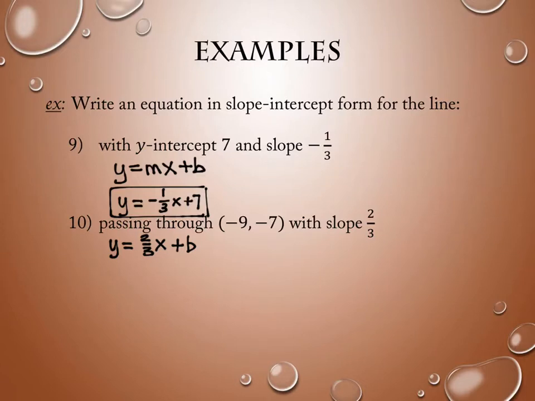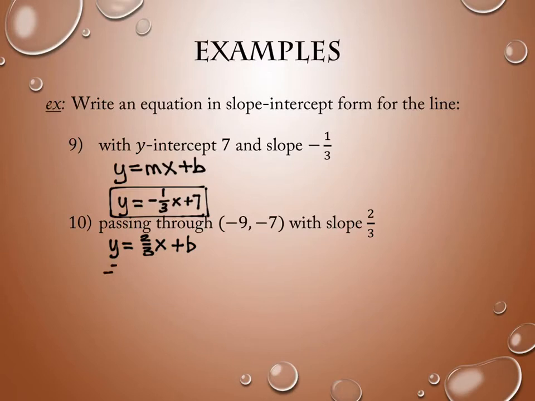It works in the x and y location on this line, and I can use that to figure out what the b value should be. So this -9 can be substituted in for x, and this -7 can be substituted in for y, and I can find out what b is. Are you with me?